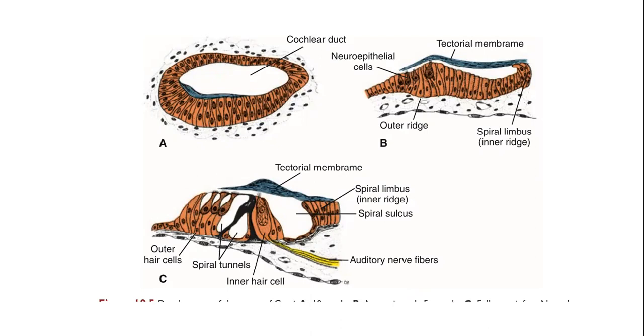With further development, the epithelium forms two ridges, the inner ridge, the future spiral limbus, and the outer ridge.